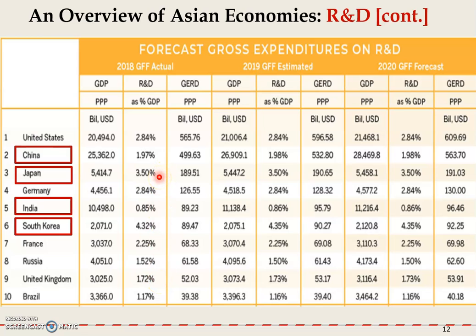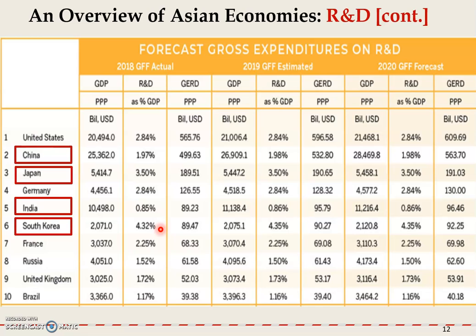But when you look at Japan, it's 3.5%. South Korea, the number is even more impressive. It's 4.32%. In terms of the share in GDP devoted to R&D, South Korea is number one, the world's number one. They are actually the biggest R&D spender, given their size of the economy.